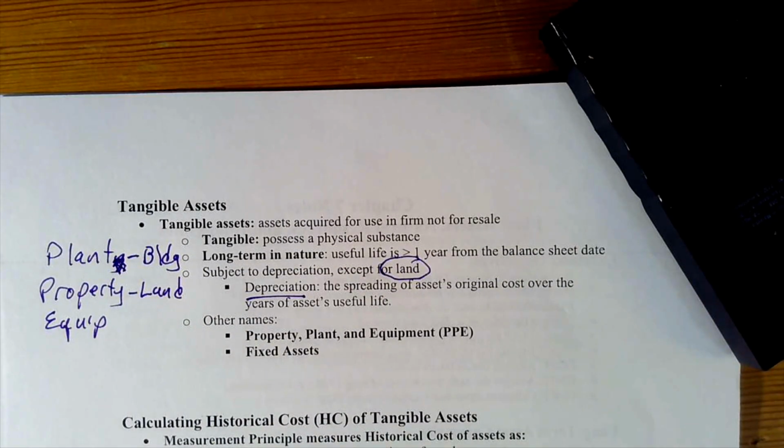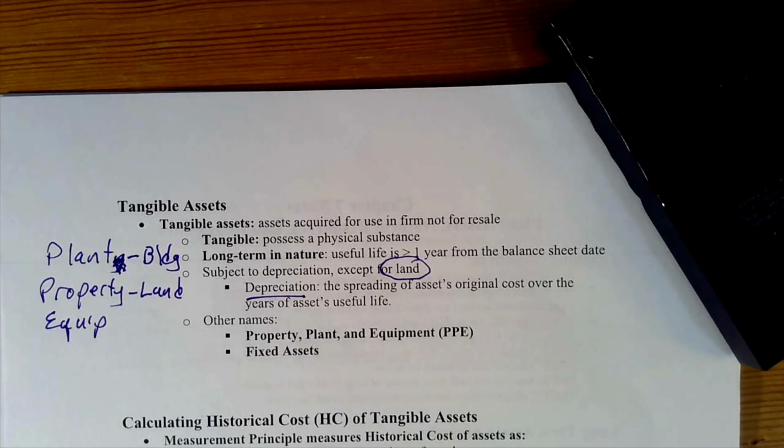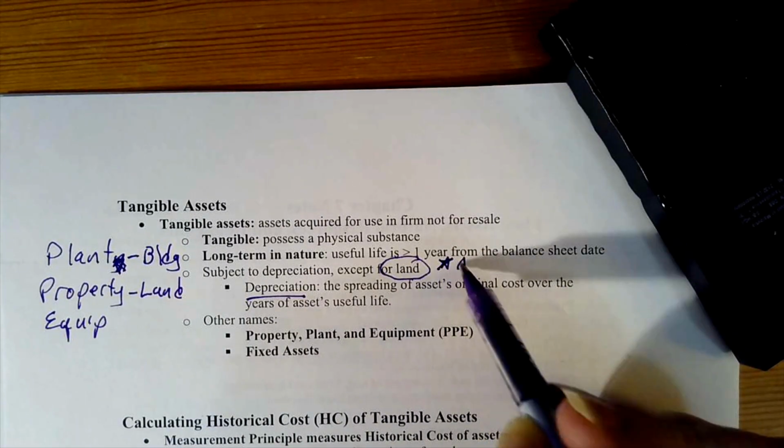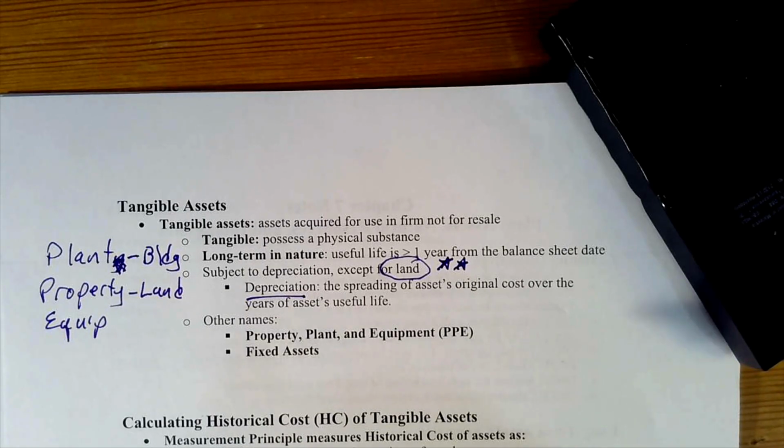The building has a certain amount of life, and the equipment has a certain useful life. But the idea is that property, land, is always going to be there. So we depreciate equipment and we depreciate the buildings, but we do not depreciate land. So just remember that, no depreciating land.